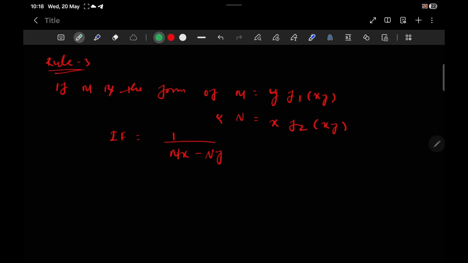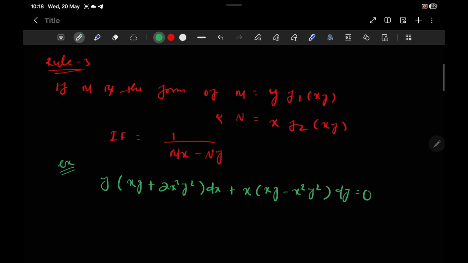So why not take an example to clearly understand this. y(xy + 2x²y²) dx + x(xy - x²y²) dy = 0.